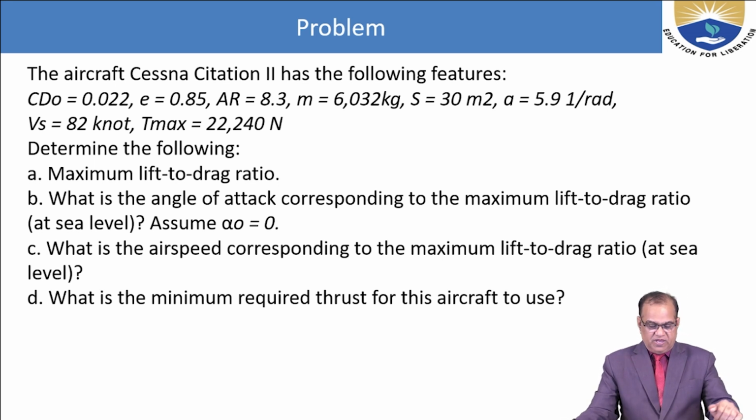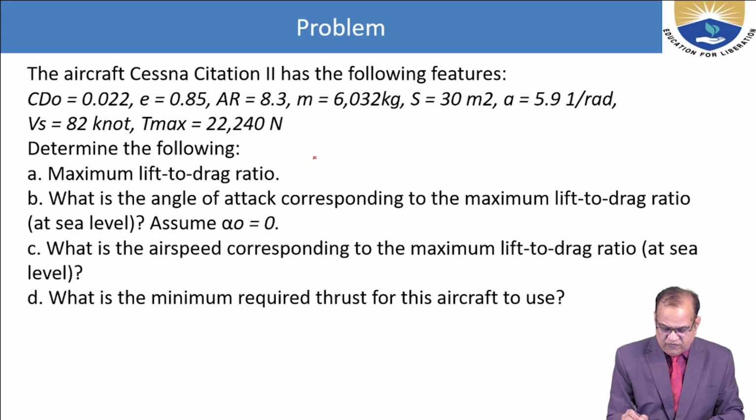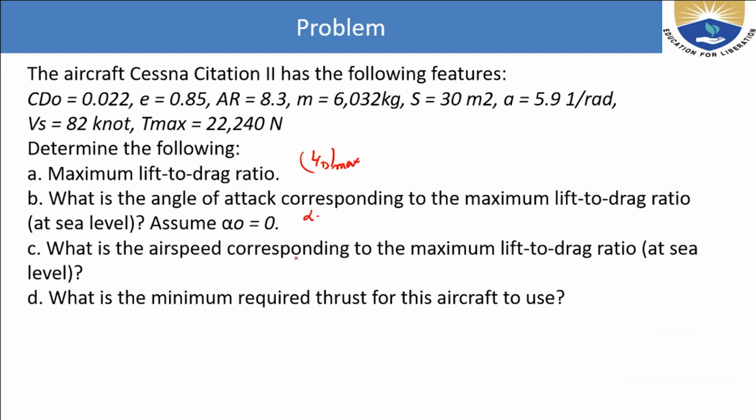So first we have to find L by D maximum, then the angle of attack alpha, then the airspeed for maximum L by D, and the minimum required thrust TR minimum. These are the things we have to find out, and we will see how we are going to handle this problem.